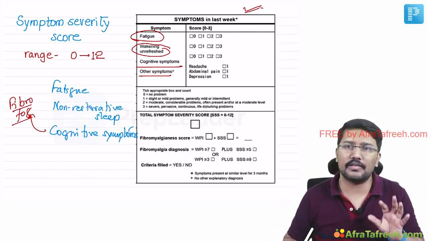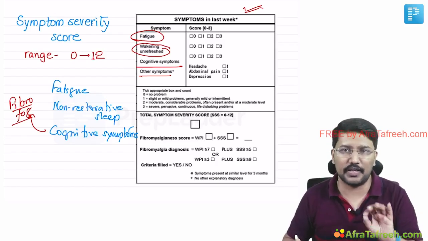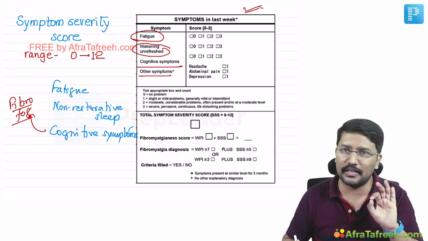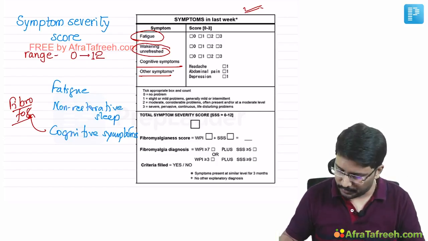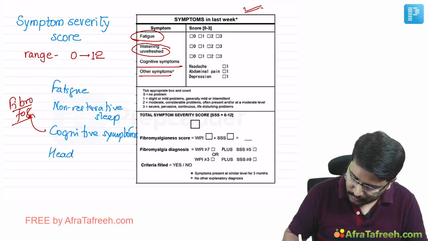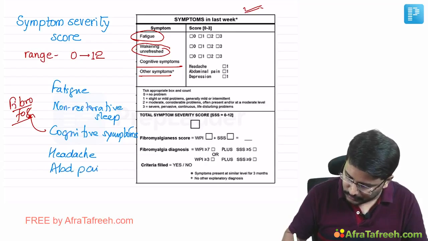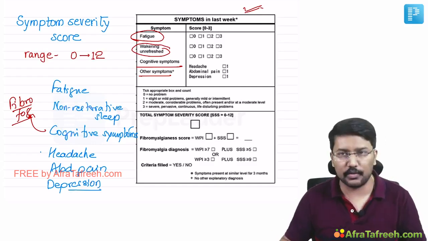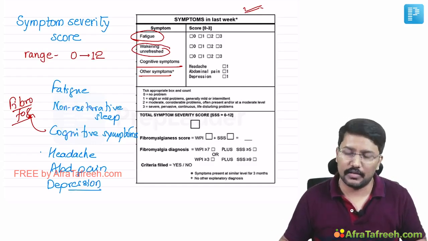So fibrofog is the cognitive symptoms experienced by fibromyalgia patients, which is why it's called fibrofog. Then the other components include headache, abdominal pain, and depression. So I hope you got the point. Now that is about the symptom severity score.